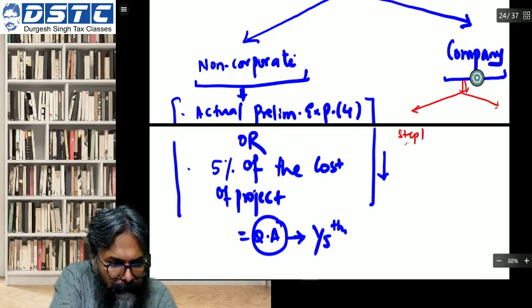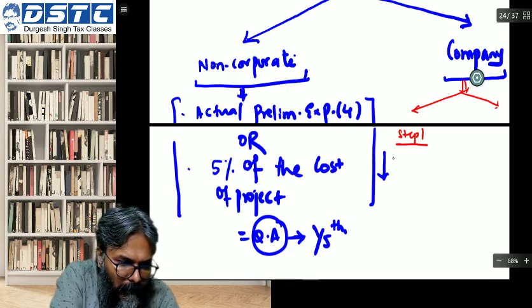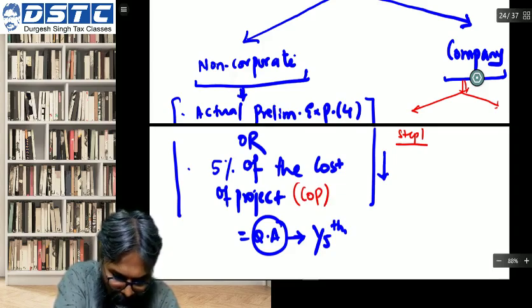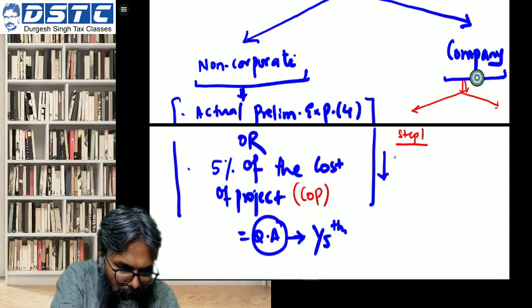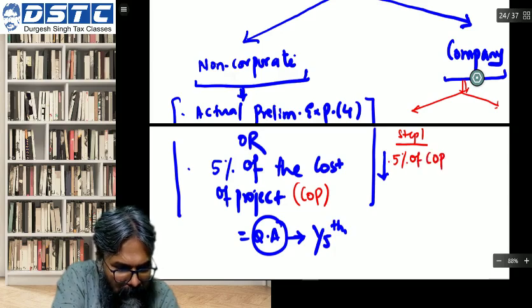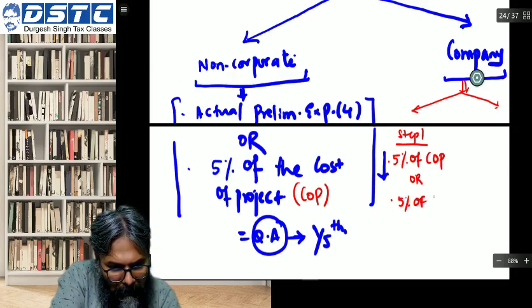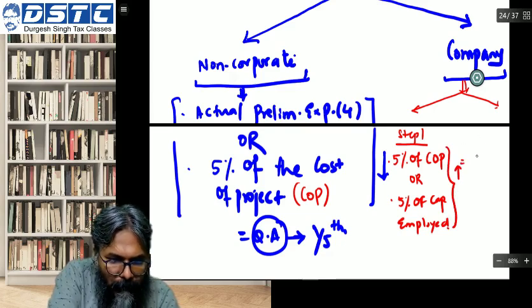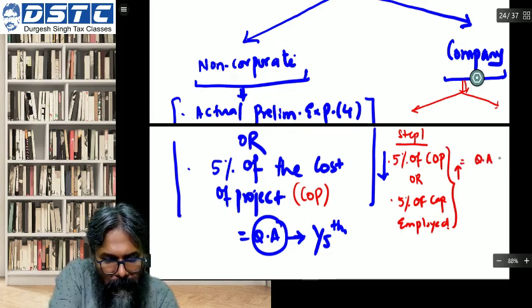Step 1. Now, students, I'll write this as COP, cost of project. So this is 5% of cost of project. This will be compared with 5% of the capital employed. Whichever is higher will give you the qualifying amount 1.